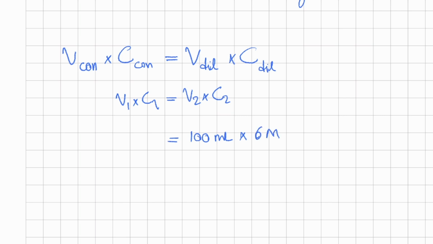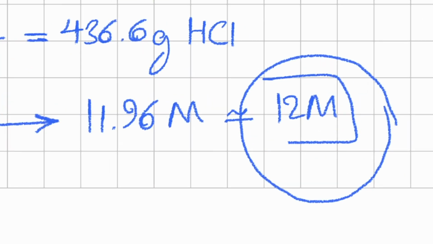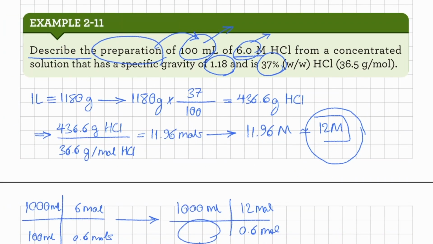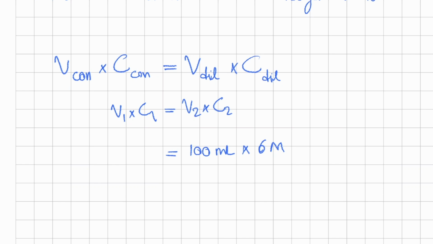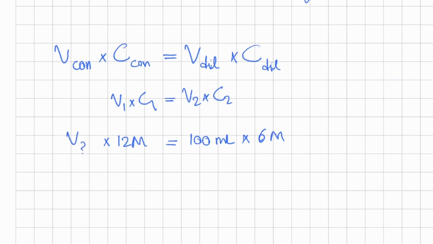Okay, what about the concentrated solution? The concentrated solution is 12 molar, and we need to find how much of this solution is needed to prepare the diluted solution. So we can say the concentration is 12 molar times the volume, which is not known to us.